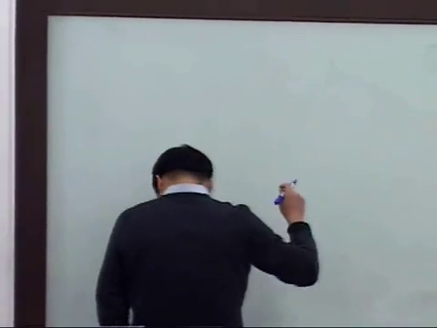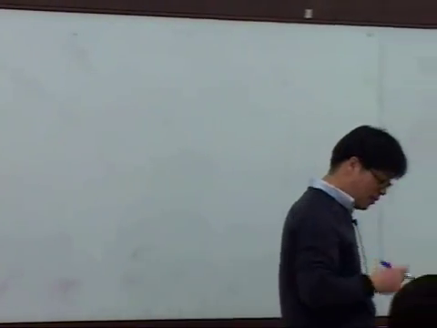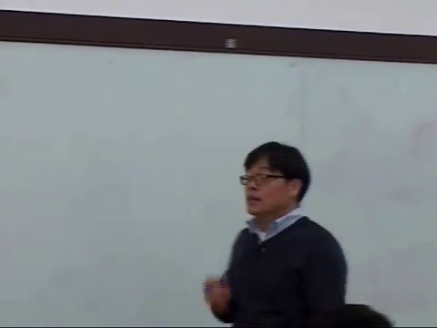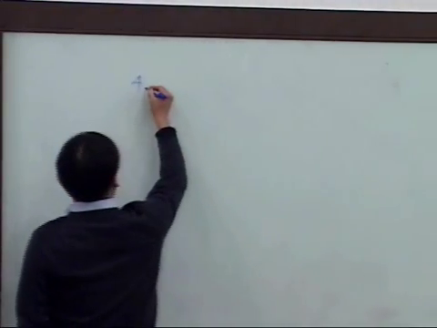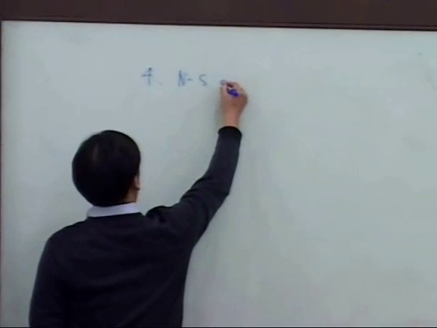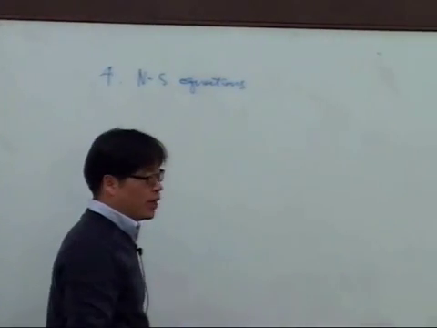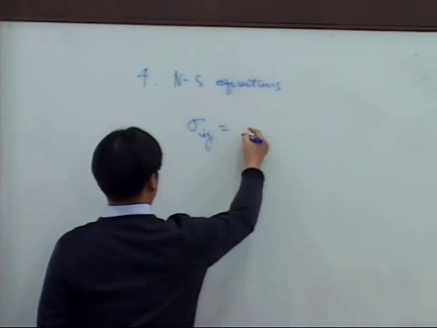So, first of all, in the last lecture, we derived the Navier-Stokes equation from conservation of linear momentum, right? And then we used the linear relationship between stress and strain, and then we use something like this, right?